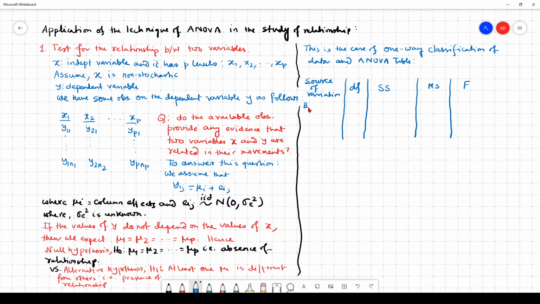Between arrays, degrees of freedom is p minus 1.